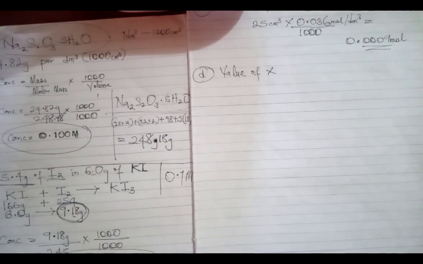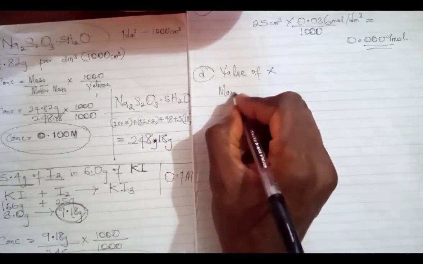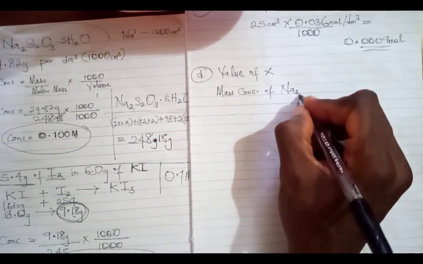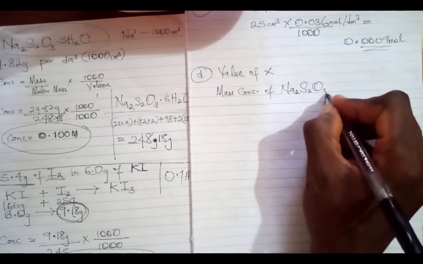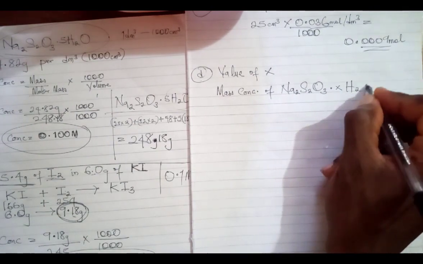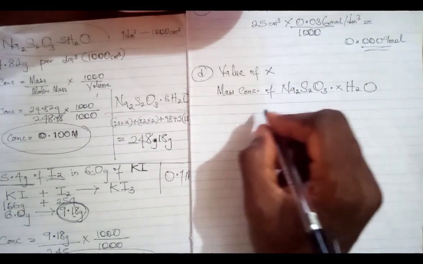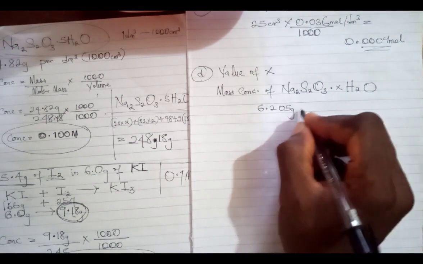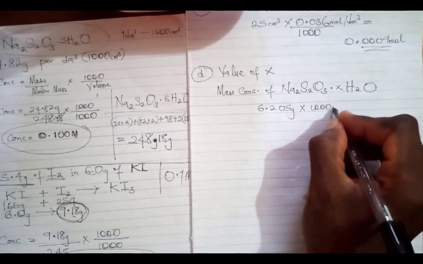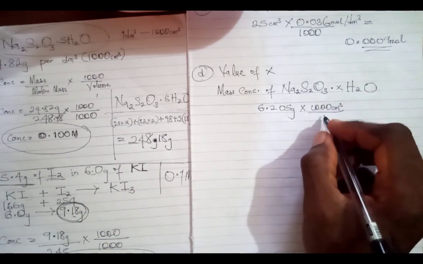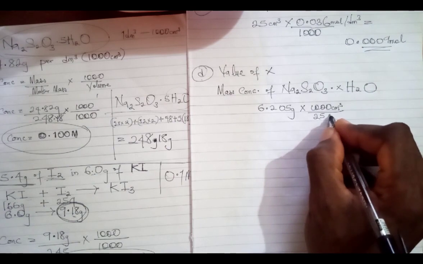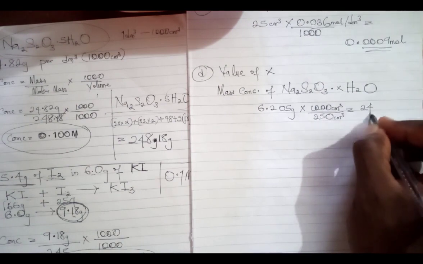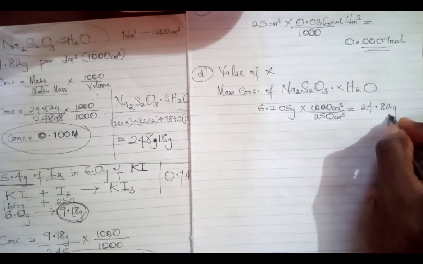You calculate the mass concentration of sodium thiosulfate S hydrate, and this is how you do it, which is the grams, 6.205 grams, okay, times 1000 cm cube over the 250 ml, 250 cm cube. When you do that, you have 24.82 grams.